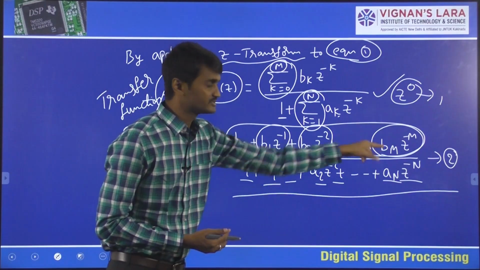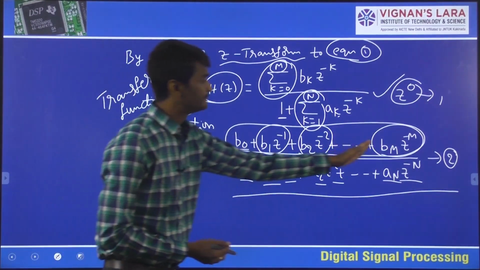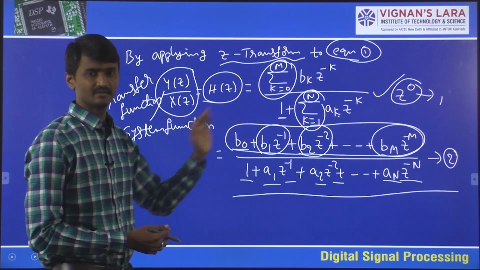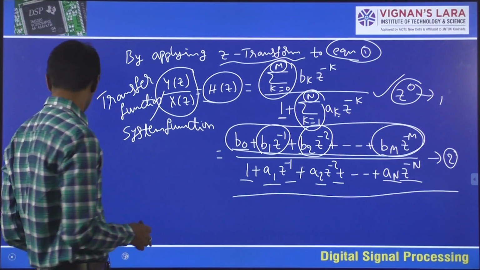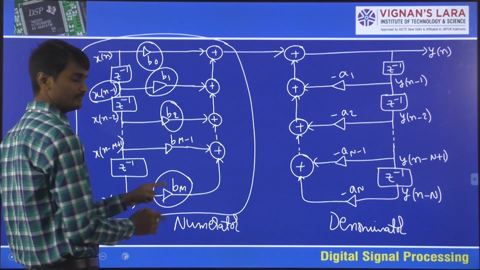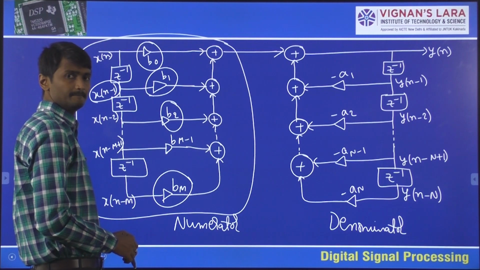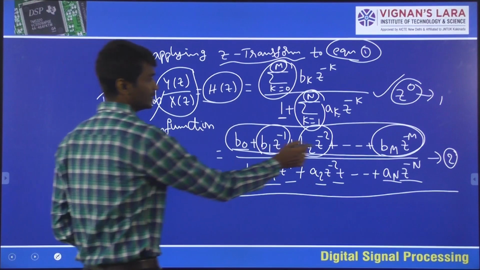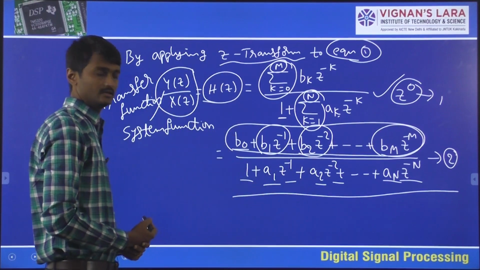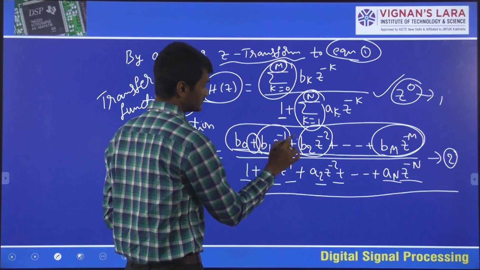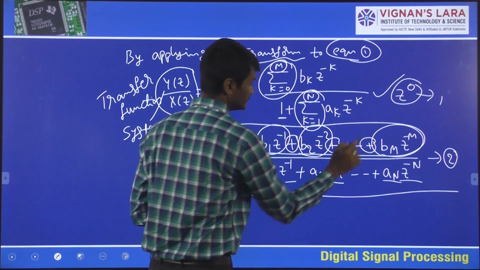So that multiplier is bm. So the previous multiplier is bm minus 1 and z power minus m plus 1. There it is. See this one, bm z power minus m. So this is about the numerator part. Okay, see, in between what is going on? Addition of those elements.